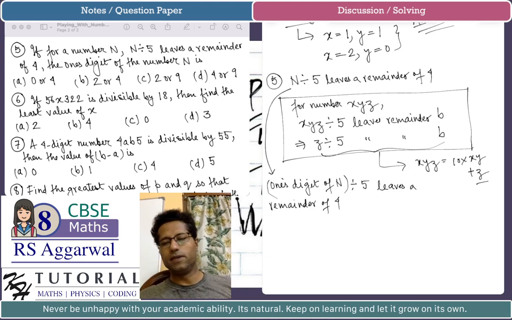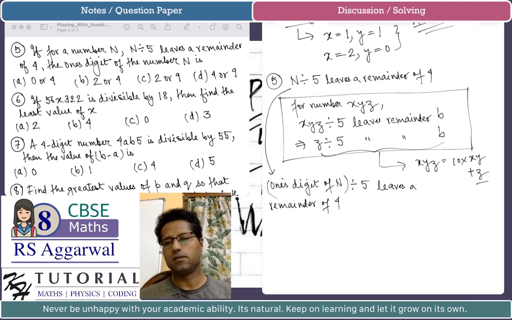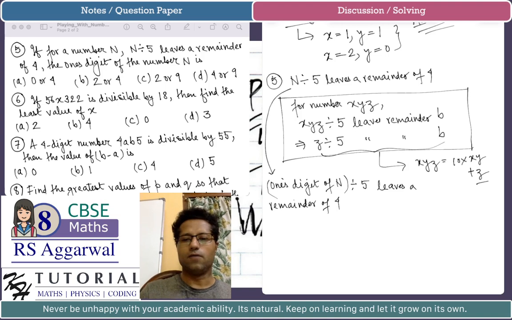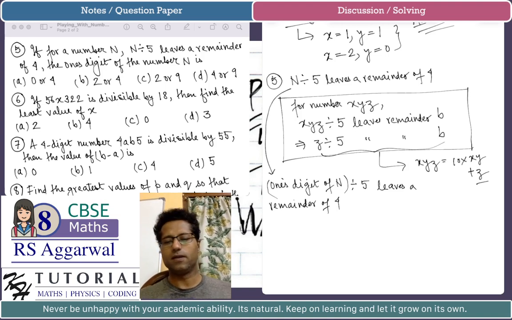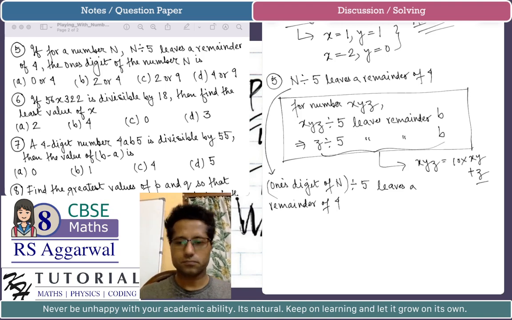Now we need to find what the ones digit of n can be, because that digit when divided by 5 leaves the remainder 4. So we have to find a digit which when divided by 5 leaves a remainder 4.